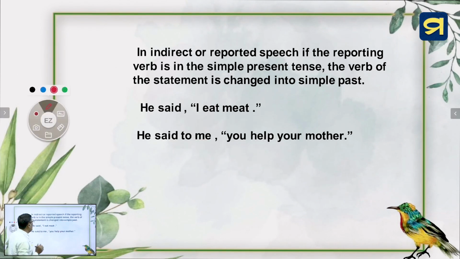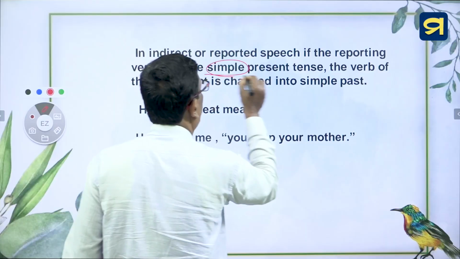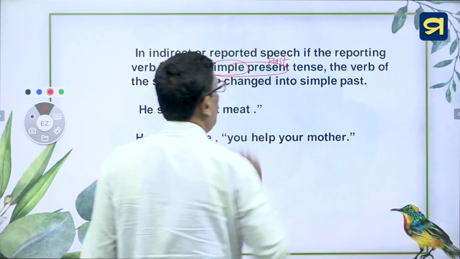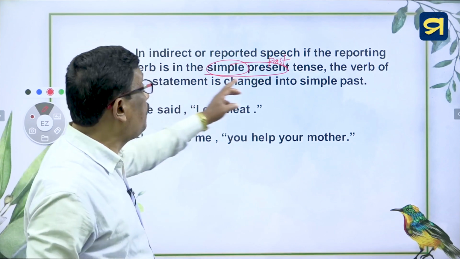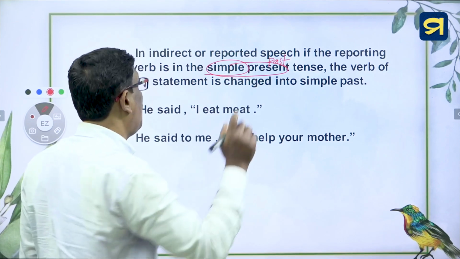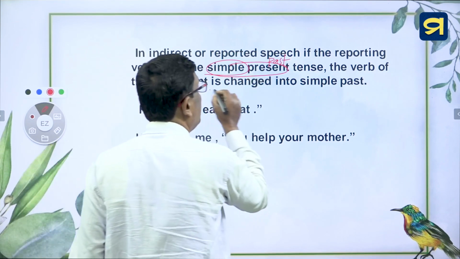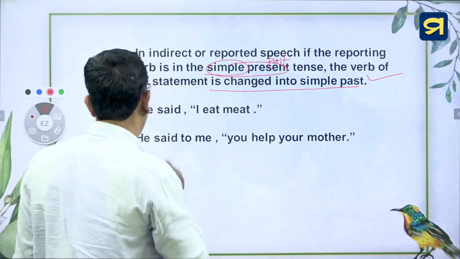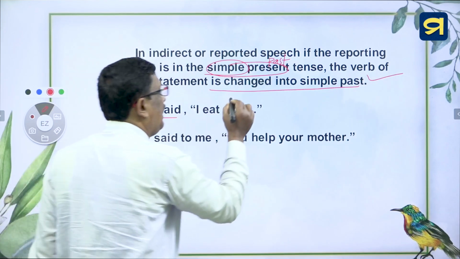Okay, now in indirect speech or reported speech, listen to me, if the reporting verb is in the past tense and the verb of the statement is changed into simple past, we have to discuss. He said, "I ate meat."